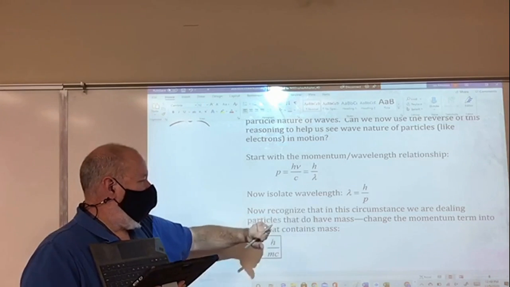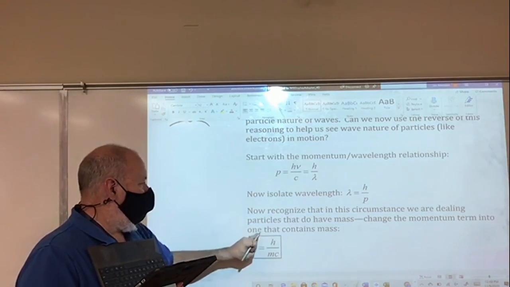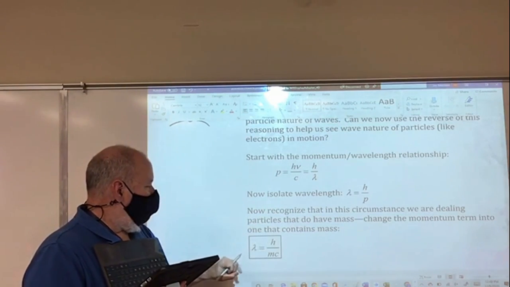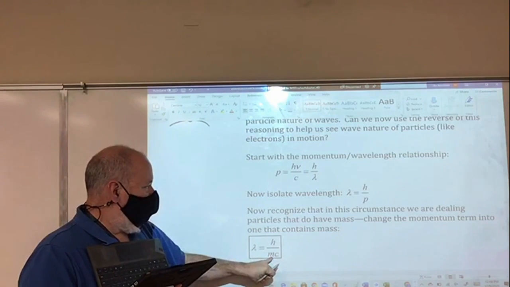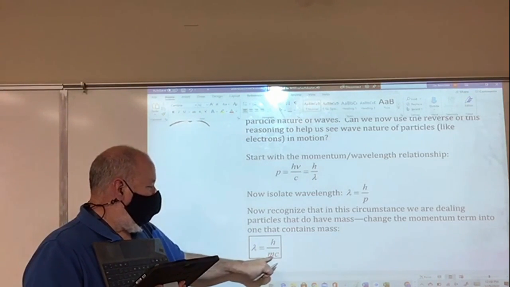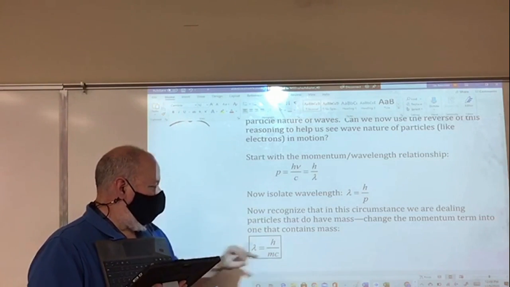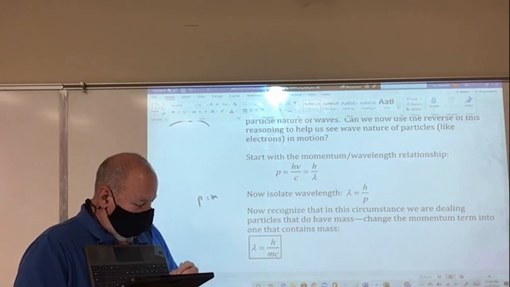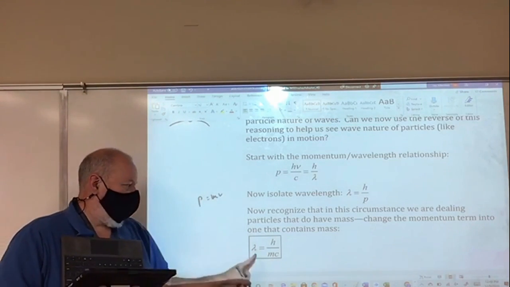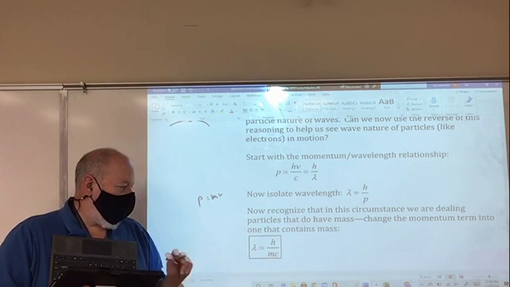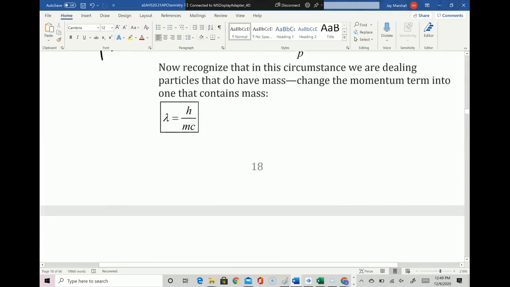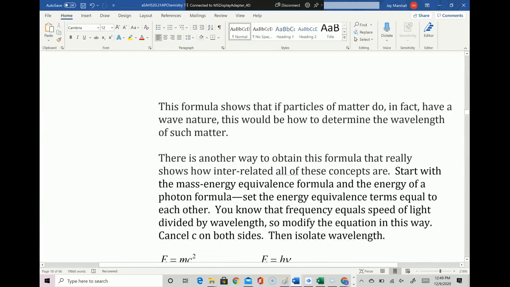So change the momentum term into one that contains mass, and the momentum term that contains mass is mass times velocity, right? We said that momentum equals mass times velocity. That's a standard physics equation. And in this case, the velocity we're talking about is the speed of light. So we'll use c there instead of that.